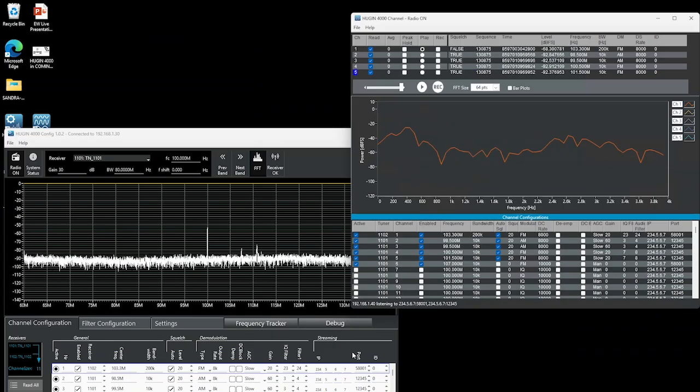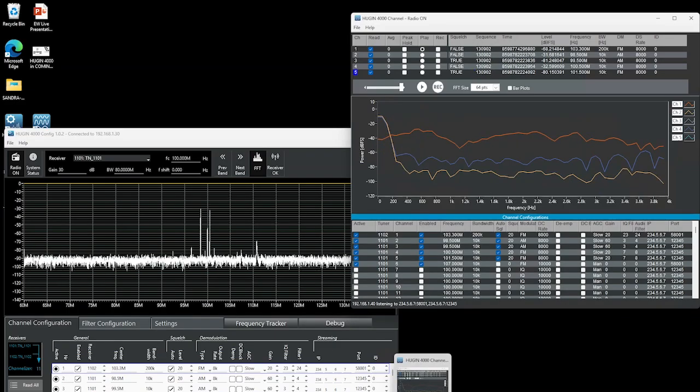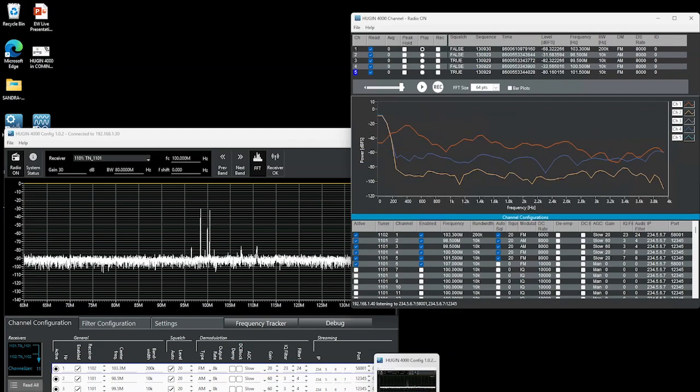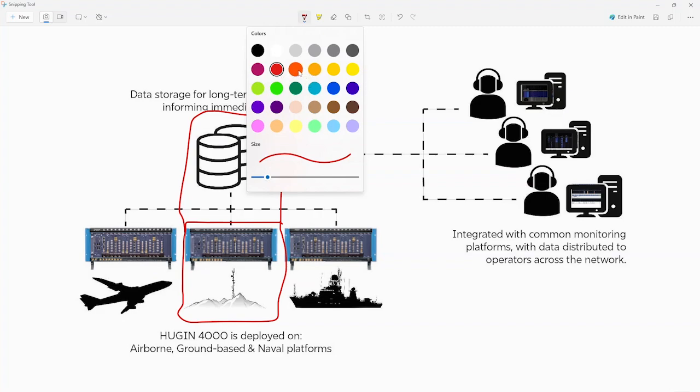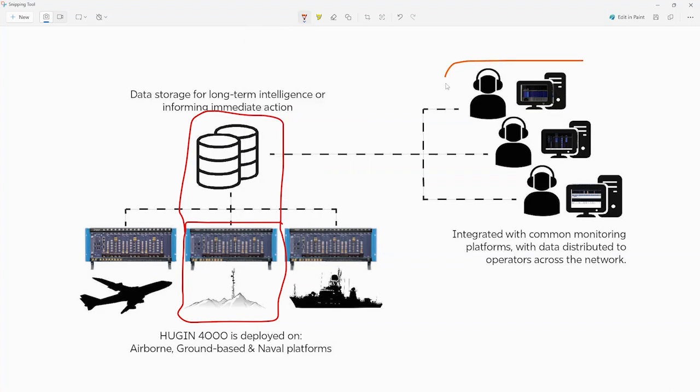So if we move away from what's deployed on our sensor, we're now going to take a look at the operator. Basically the data is being passed along from the sensor over Ethernet to our operator.